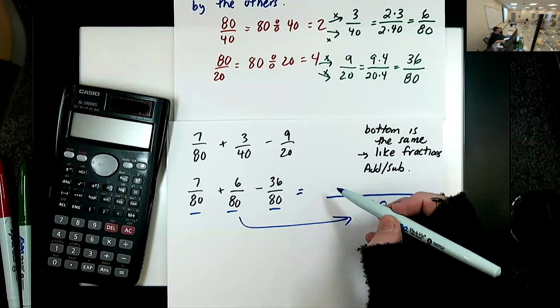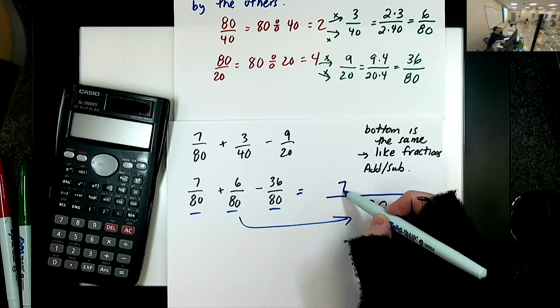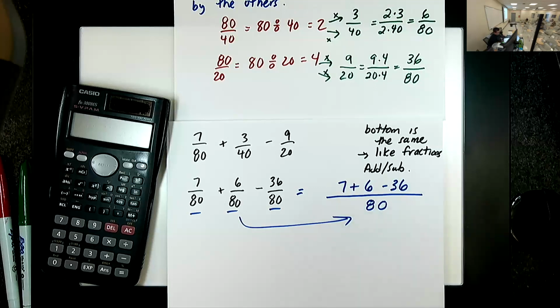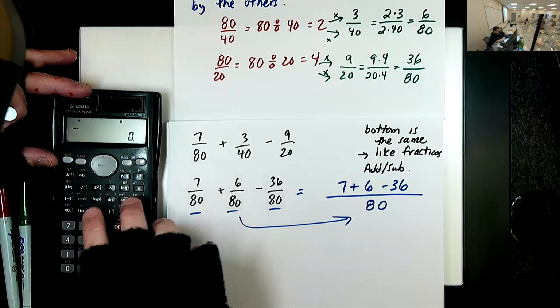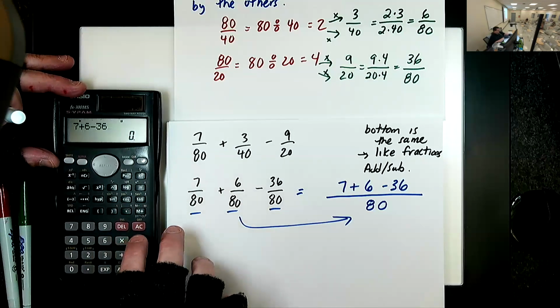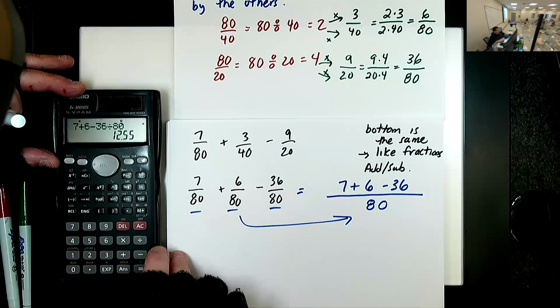Now you can put all the tops with the signs between them up top. 7 plus 6 minus 36. It's kind of important that you do not rush the next step in a calculator, because if I type in a calculator 7 plus 6 minus 36 divided by 80, I'm going to get the wrong value.